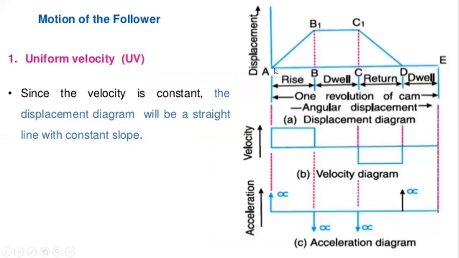సో దిస్ ఆల్సో ఇన్ ది స్ట్రైట్ లైన్, and the displacement diagram will be a straight line. So this is the displacement diagram. So the total displacement of the lift has been taken in the vertical direction, and the rise, dwell, return and dwell period has been taken in the horizontal direction.